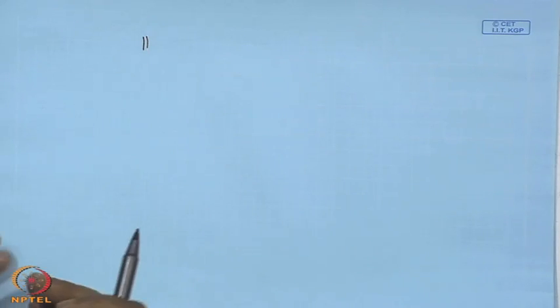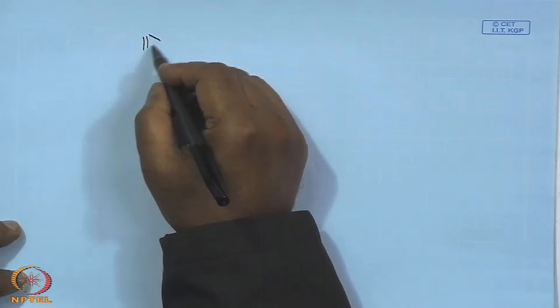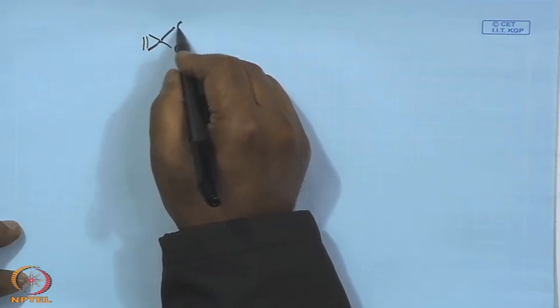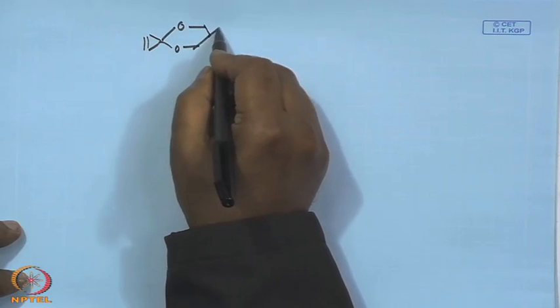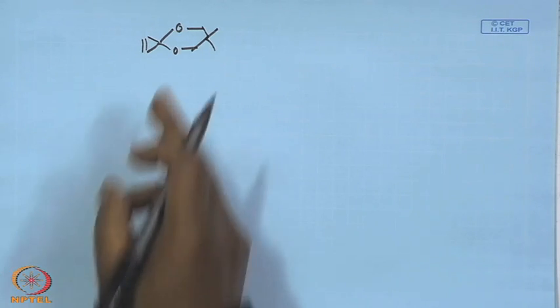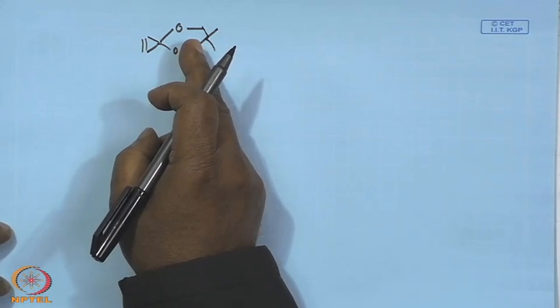Where else? I said strained system. If you have a cyclopropene system of this kind, it is very easy to make. Then this will undergo this kind of cycloaddition reaction, a 5+2 cycloaddition.